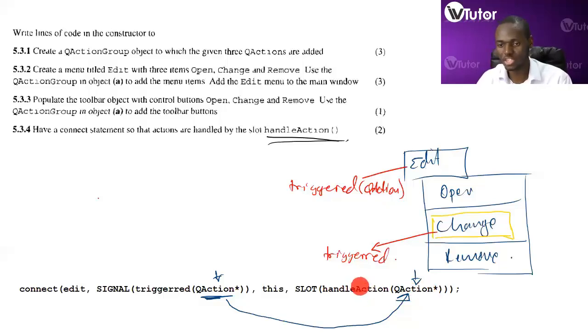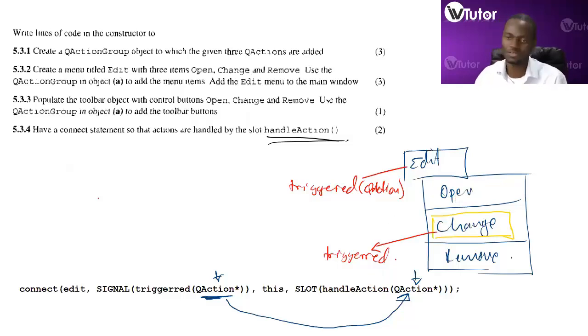which means in your action, you can then say, if it was open, then do this. If it was changed, then do this. If it was removed, then do this. The beauty of this is that you don't have to implement 3 slots, or do 3 connect statements. You only do 1 connect statement, which means anytime you click any one of these, it will still execute this function. And this function will receive which action has been clicked, which means in the function, you will have an if statement that says, if it was this one, then do that.